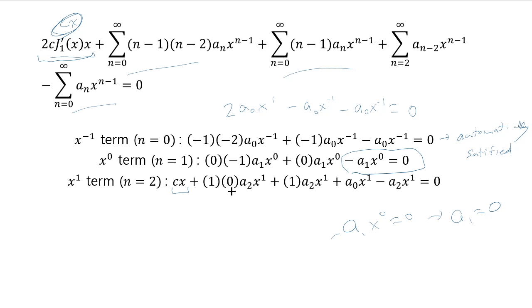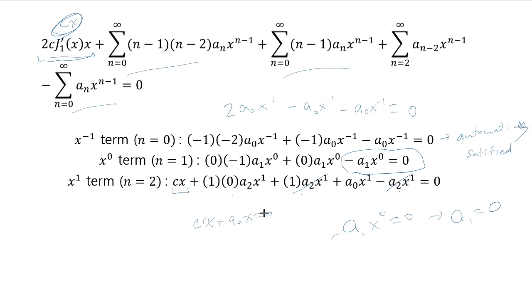Whereas if I plug in n equals 2, this will be 0, this will be 1, this will be this, and then we have a2 x, but these two cancel, right? And we have actually cx plus a0x equal to 0.